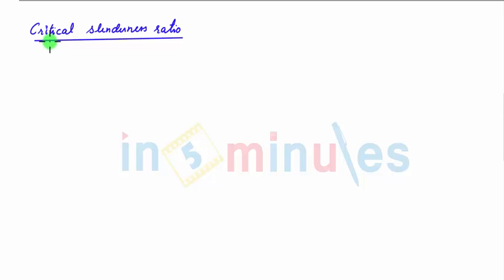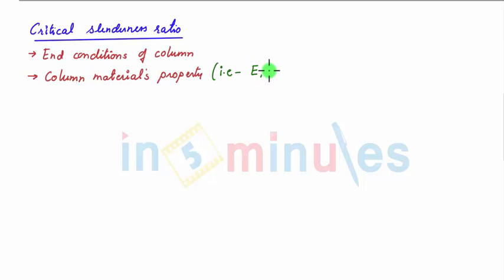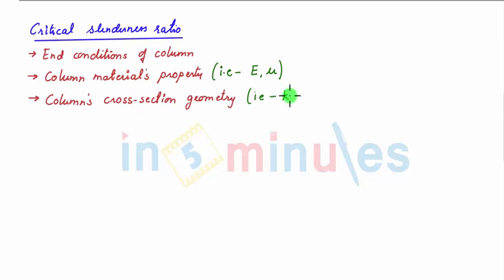There is a parameter called the critical slenderness ratio, which becomes the deciding factor as to whether the failure criteria of the column will be buckling or bending. This critical slenderness ratio depends upon the end conditions of the column and the column material's properties, that is Young's modulus E and Poisson's ratio mu, as well as the column's cross-section geometry, since the minimum radius of gyration K depends upon the cross-section.